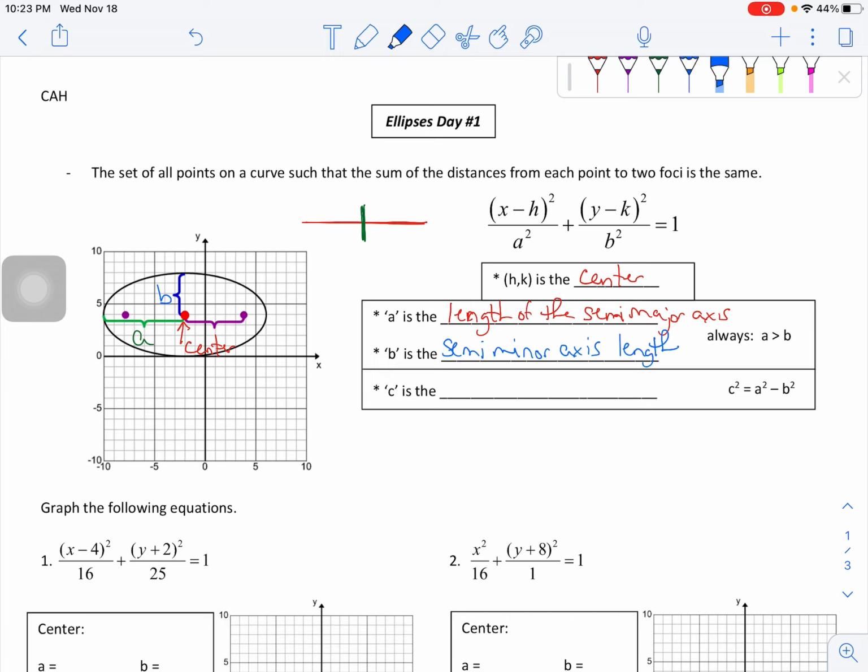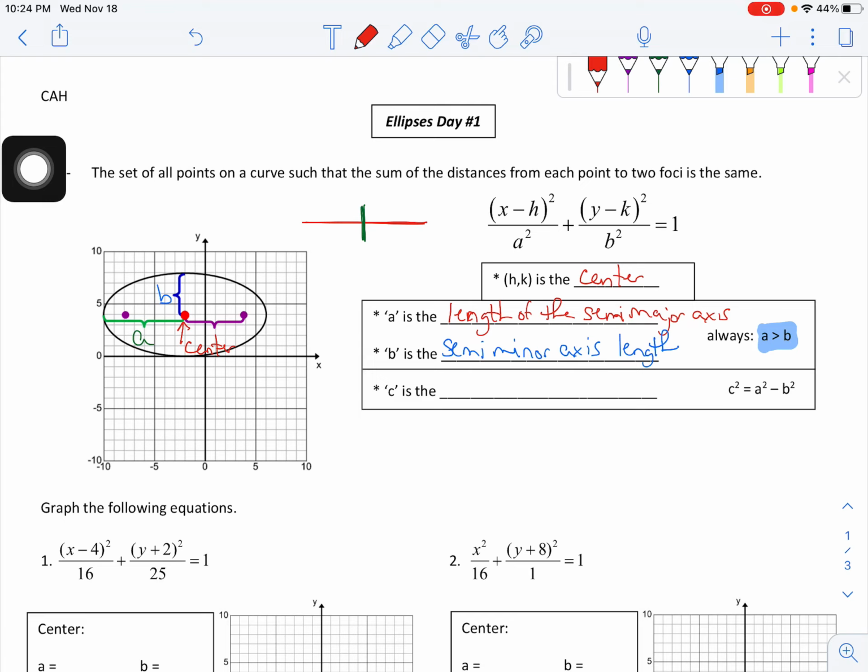All right, and then things to notice, your A value is always greater than your B value. So in this particular graph, we're elongated horizontally, which means that the A value is greater, and it would be underneath the X portion of the ellipse equation.